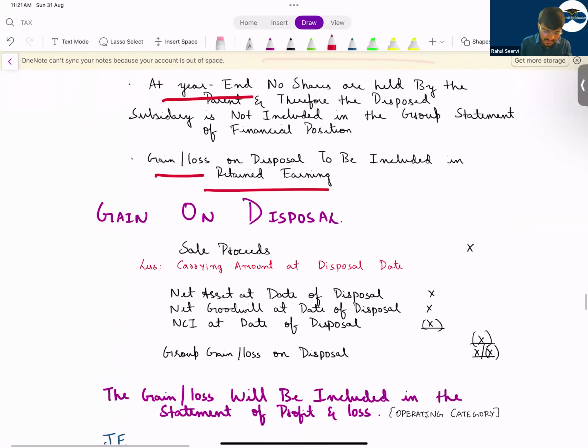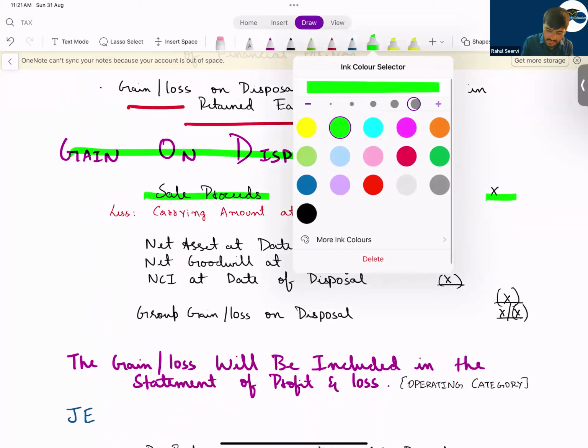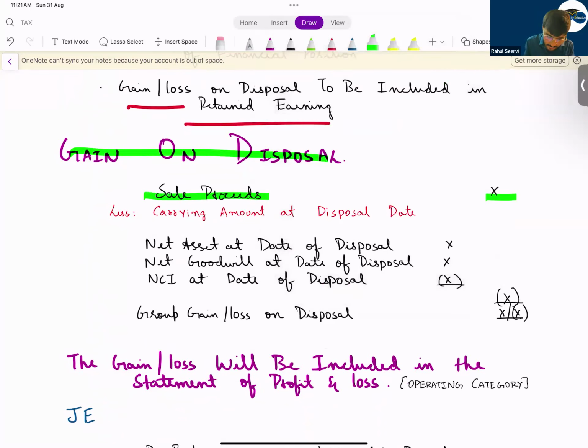What is the calculation? Understand here now. Sir, gain on disposal: sale proceed you'll write down, whatever amount you have received. Then we deduct the carrying amount at disposal date. What is the carrying amount of the value which you are disposing of? How do we calculate this?